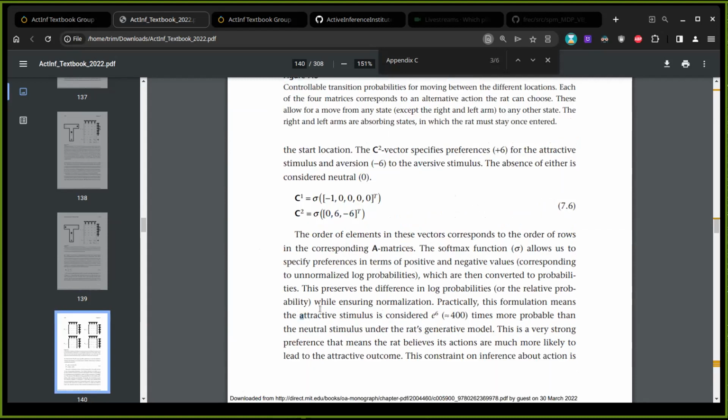And then just note that because these are in natural log, an e to the exponentiation, a 6 means that the attractive is e to the 6th more rewarding, or more preferable.